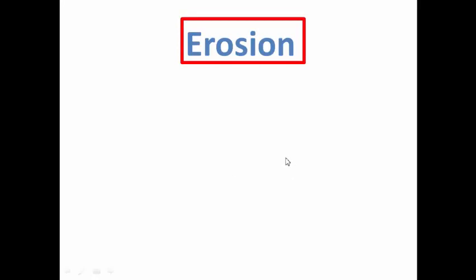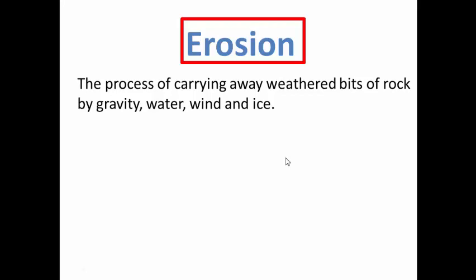Let's start with the definition of erosion, and after this we'll understand this definition. Here we said that erosion is the process of carrying away weathered bits of rock by gravity, water, wind, and ice. The word carrying away means taking away.